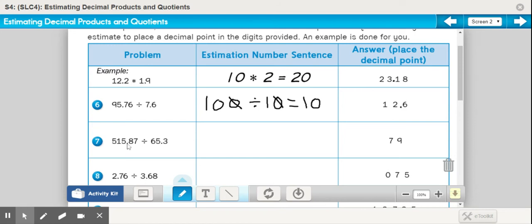So 515 and 87 hundredths, what could that go to? Could it go to 500? Let's go ahead and make that 500.